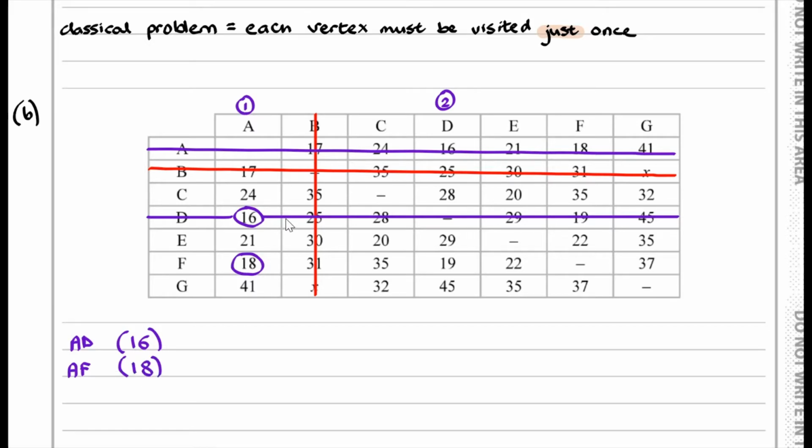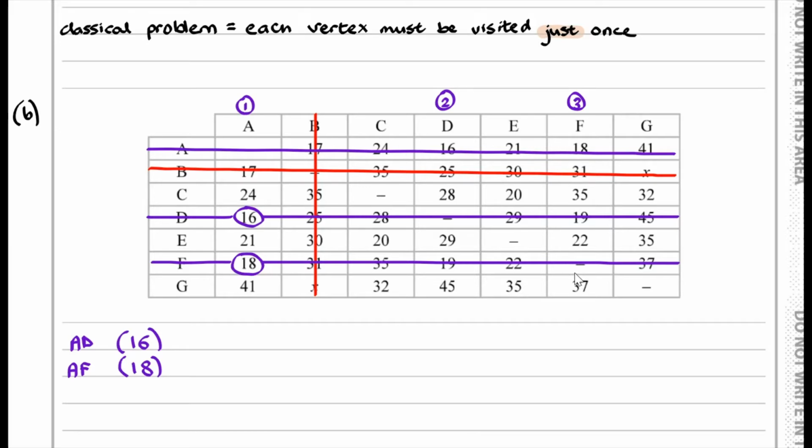We delete the F, like so, and then we label with the number 3 for this F. We now look down A, D and F and look for the smallest number.